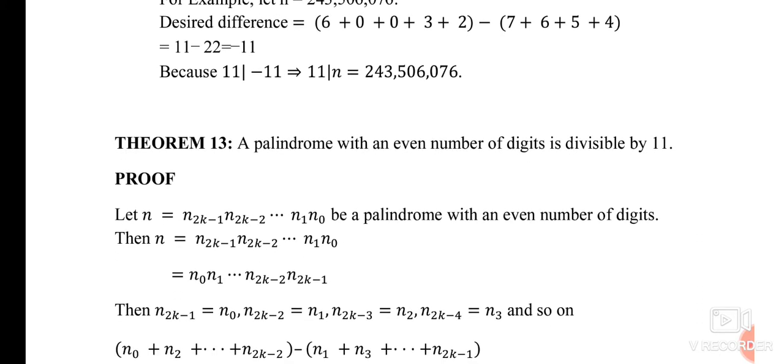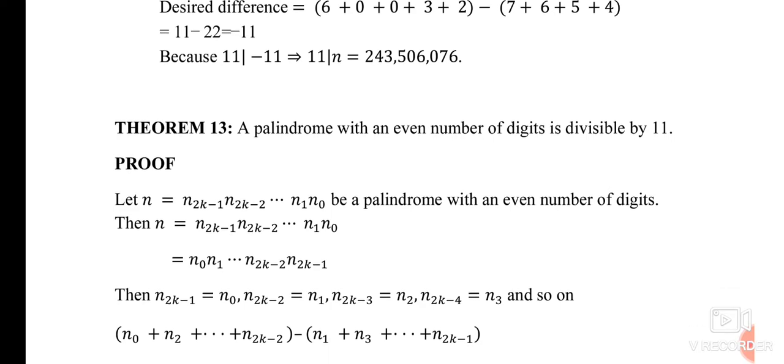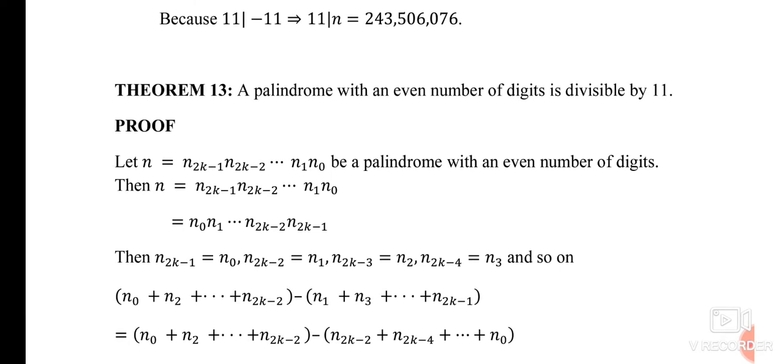Next theorem: a palindrome with an even number of digits is divisible by 11. This theorem states that if the number of digits in a palindrome is even, then it is divisible by 11. Proof. Let n equal to n_{2k-1} n_{2k-2} up to n_1 n_0 be a palindrome with an even number of digits.